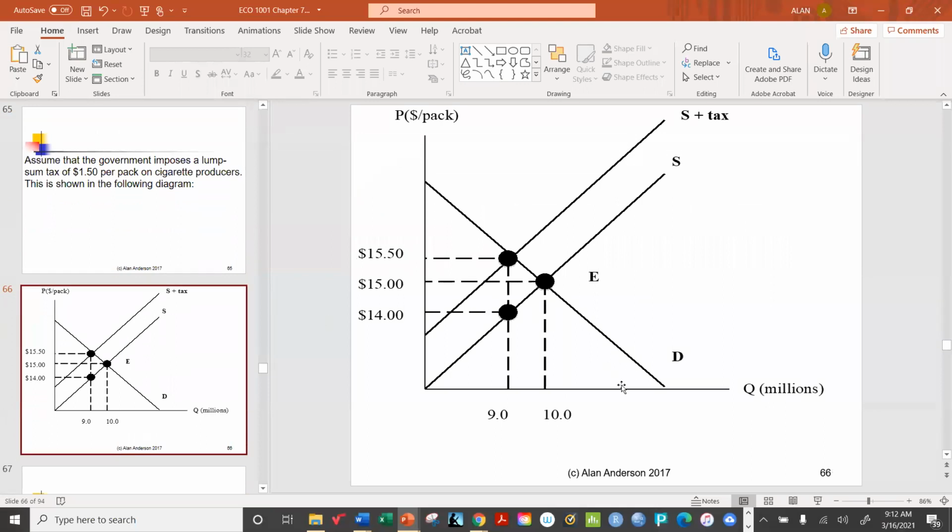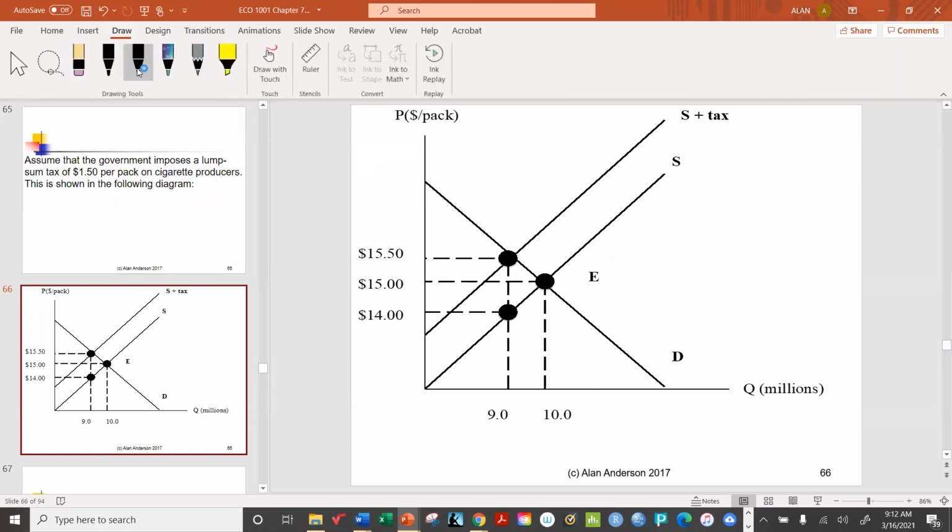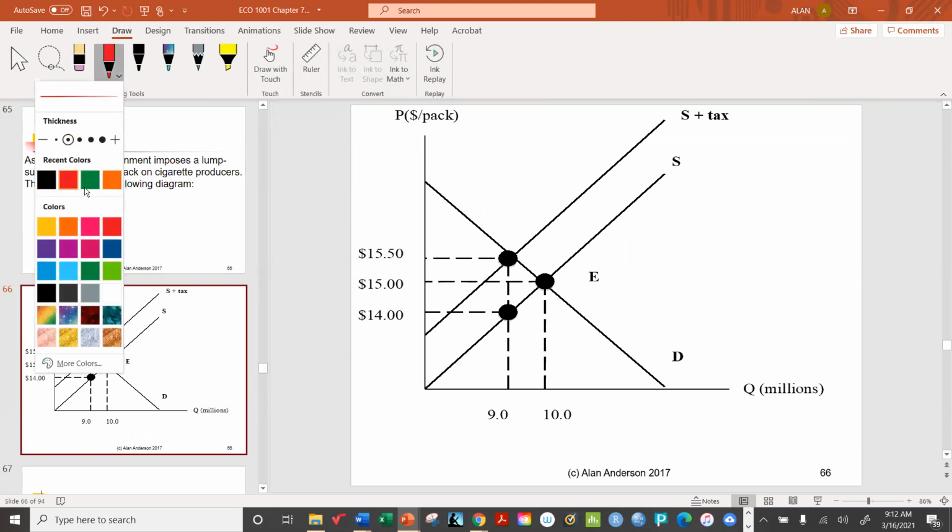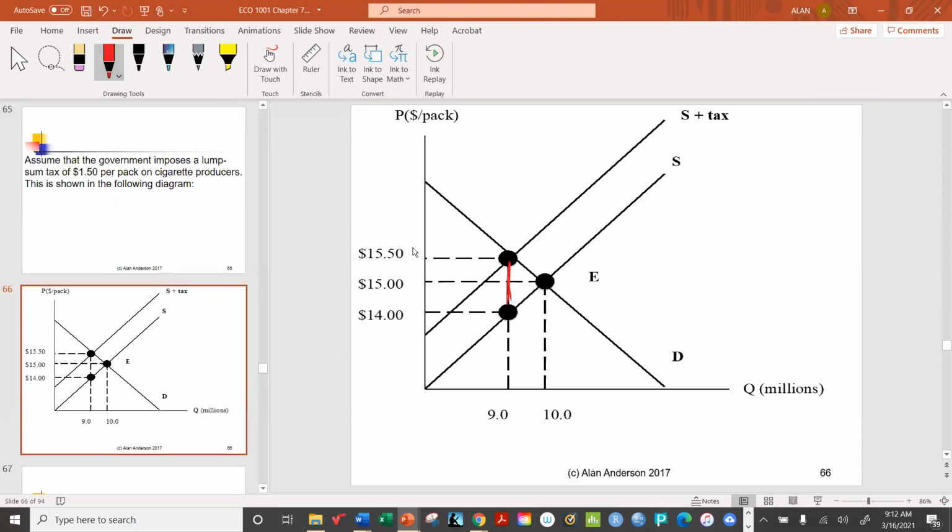So the tax, now this is what they were talking about in the video, the so-called wedge. It's kind of an interesting way of looking at it. It's a vertical line that represents the size of the tax. Right here, this could be considered the wedge, if we're using the analogy of that video. And it's a vertical line that represents the tax of $1.50 per pack.